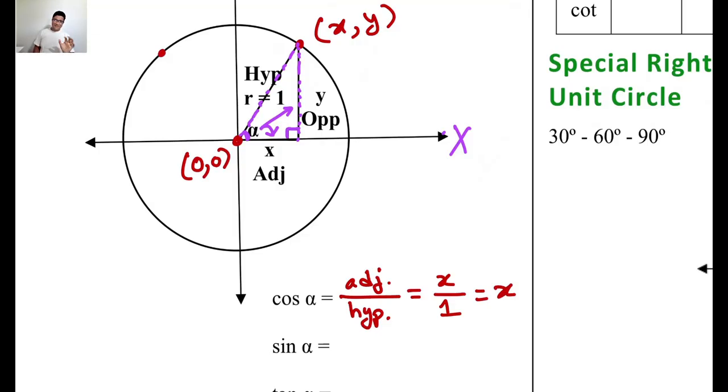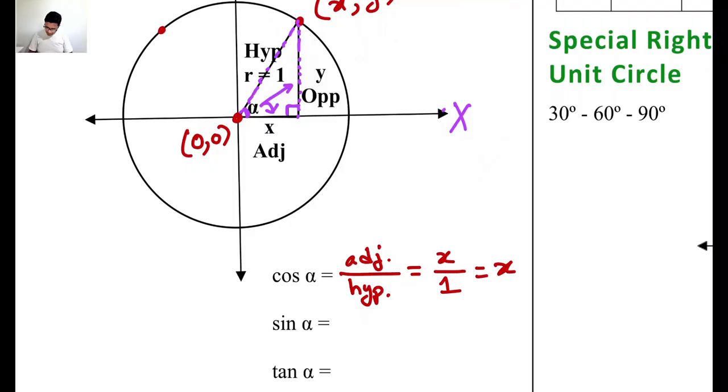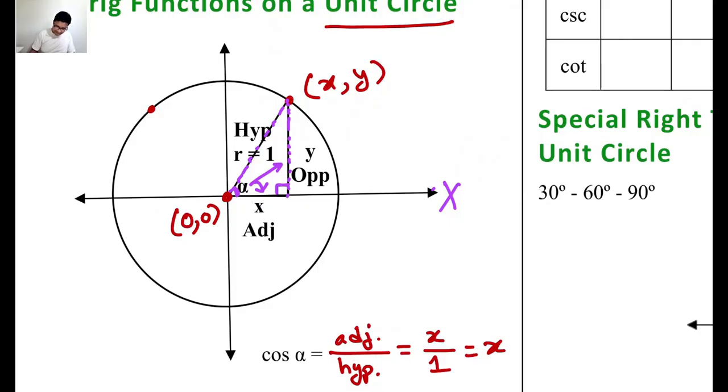That means x coordinate of the point on the unit circle is the value of cos alpha. Similarly, y coordinate, because sine is opposite divided by hypotenuse, so it's y coordinate. Cos alpha is x coordinate, sine alpha is y coordinate.